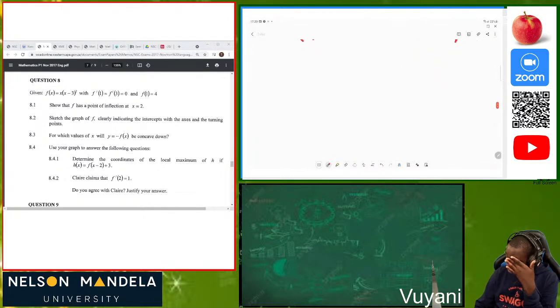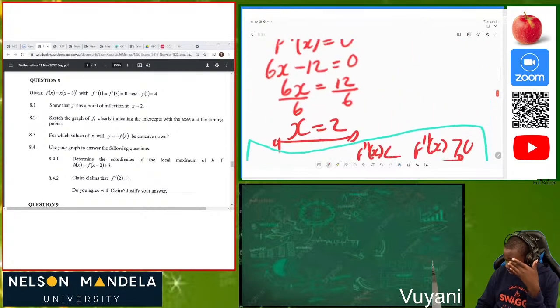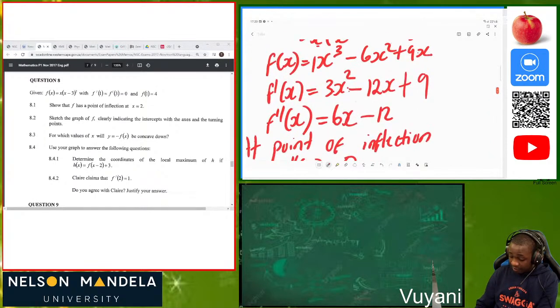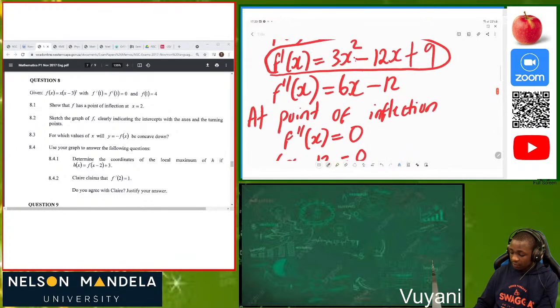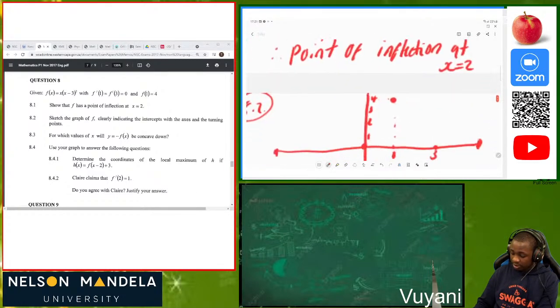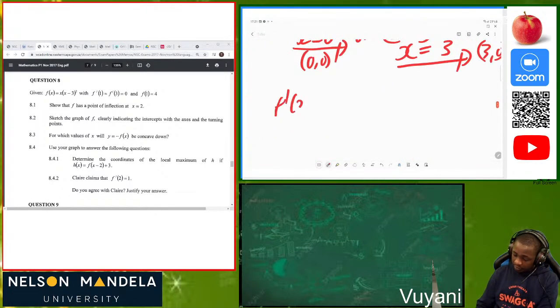For the turning point, we said we need the f prime. Our f prime of x is equal to 3x squared minus 12x plus 9.